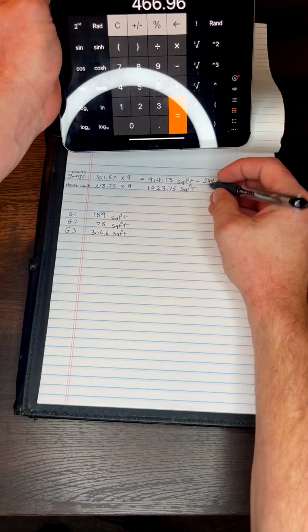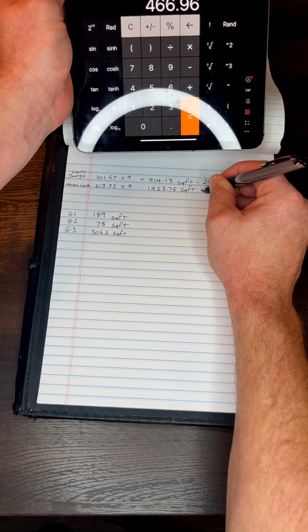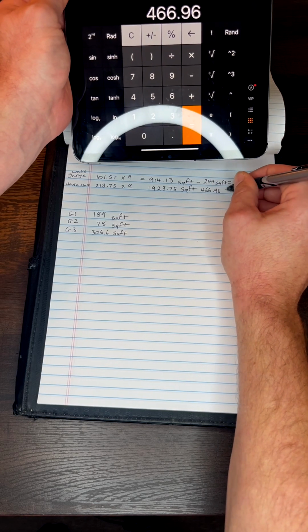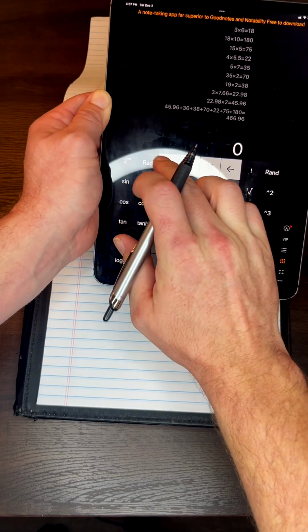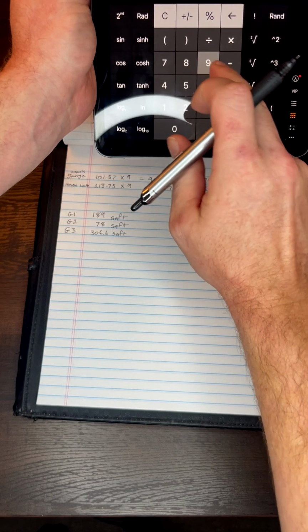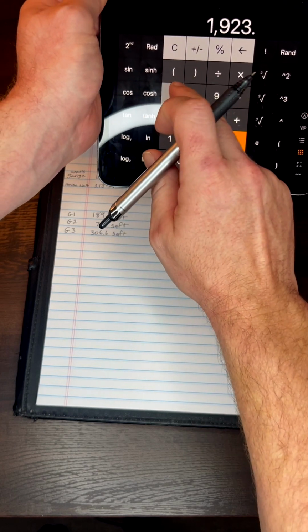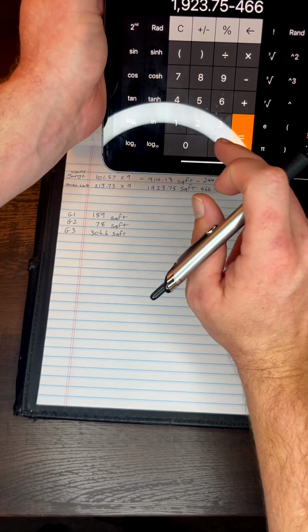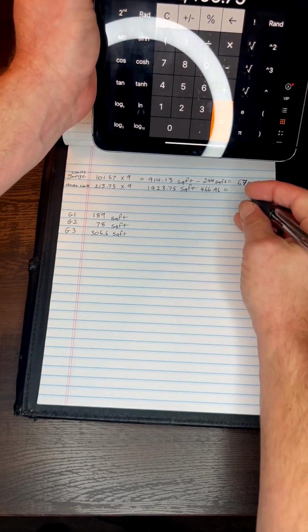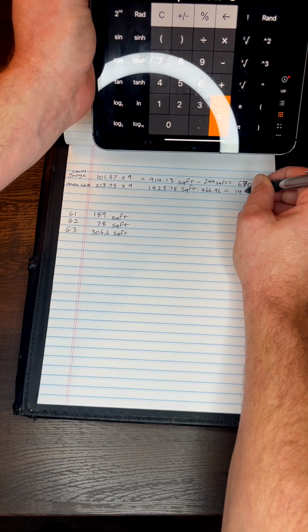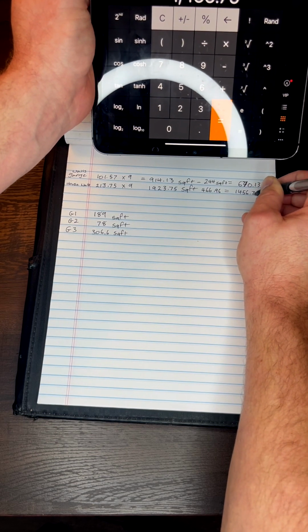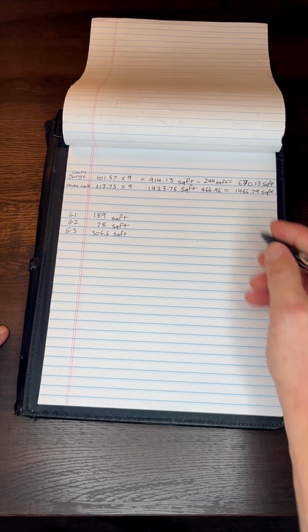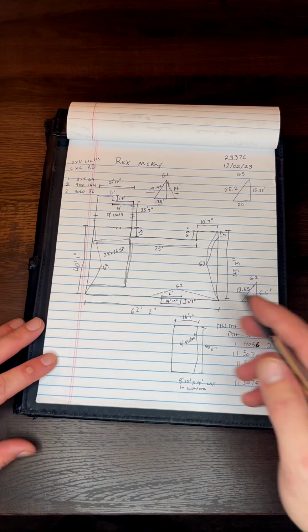So that's gonna be my doors and windows on the house. 1923 minus 466.96 equals 1456.79 square feet.